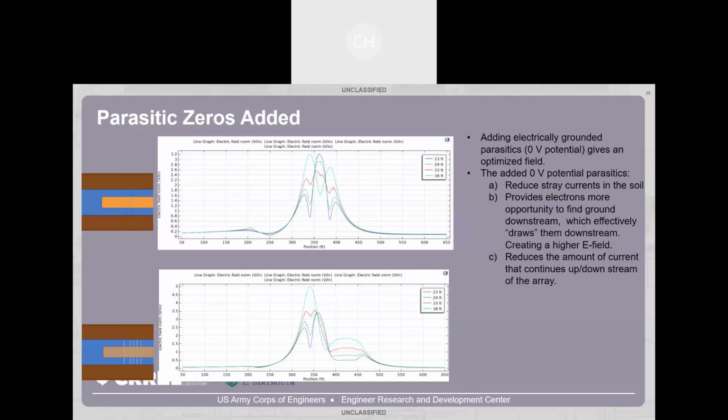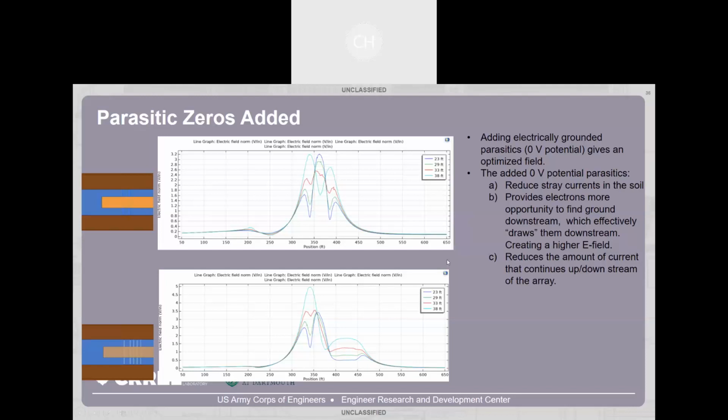So instead of one anode held at a voltage and one cathode held at electrical ground, which is 0 volts, the idea is having multiple cathodes.